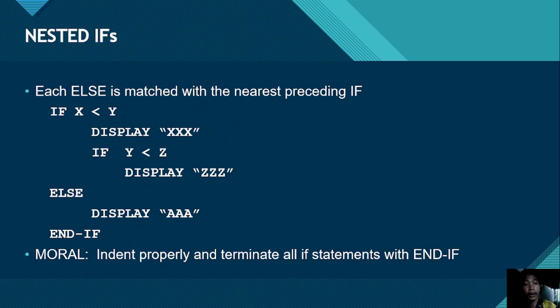For nested ifs, each else is matched with the nearest preceding if. Example: if x is lesser than y, display triple x. If x is lesser than z, display z, else display triple A. Then end-if. So the moral lesson of this topic: indent properly and terminate all if statements with end-if.